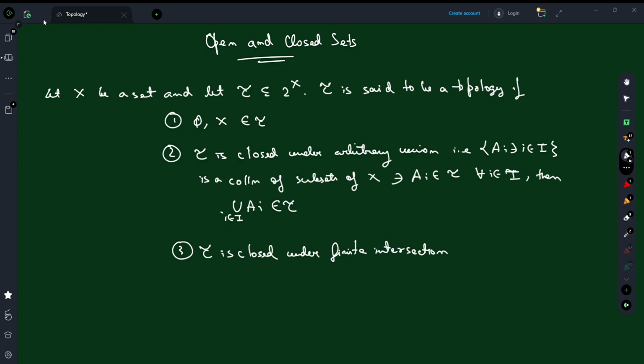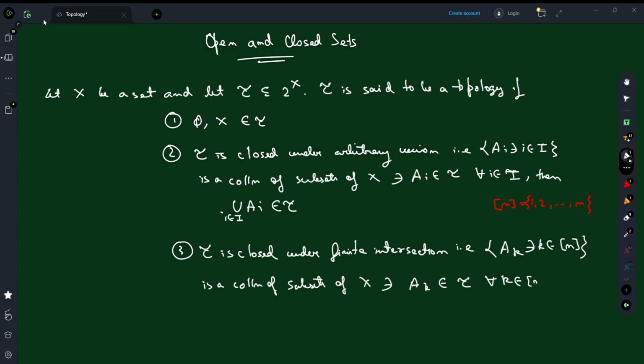This specifically means that if you have a finite family of subsets of X such that each of the elements is in tau, that is, if you have sets A_k such that k belongs to the block N, where block N is the collection of natural numbers 1, 2 till N, and each A_k is in tau, then their intersection, from k equal to 1 to N of the A_k, is also in tau.